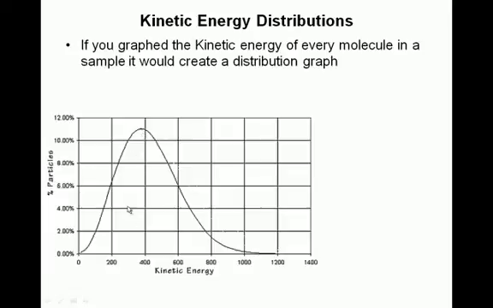There's a few molecules that have a really high kinetic energy and a few molecules that have a really low kinetic energy. But the majority of the molecules have a kinetic energy that's between 300 and 500.